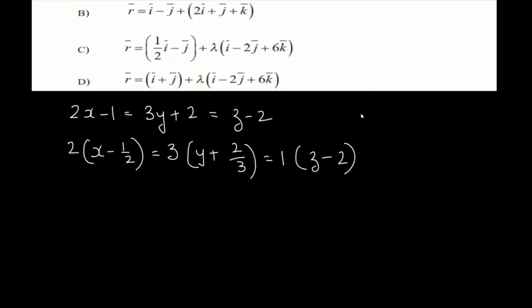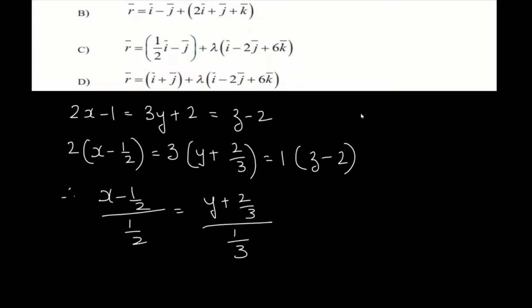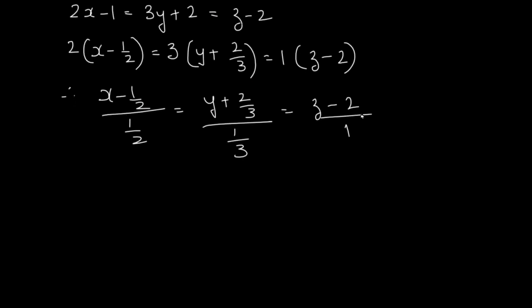Now we take these numbers 2, 3 and 1 to the denominators. So we get x minus 1 upon 1 upon 2 is equal to y plus 2 upon 1 upon 3 is equal to z minus 2 upon 1. Compare this with the standard equation of the line.